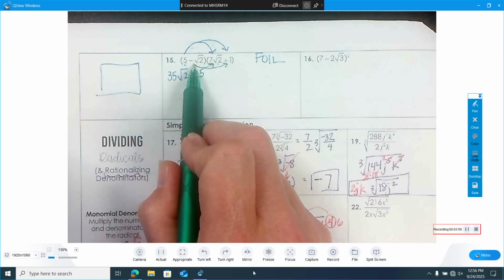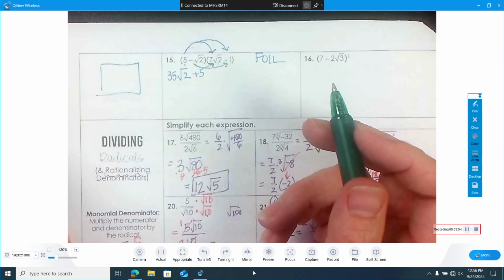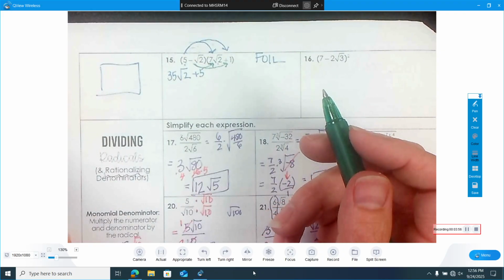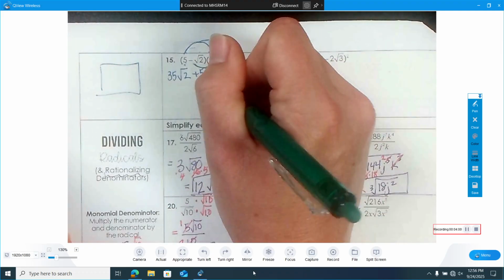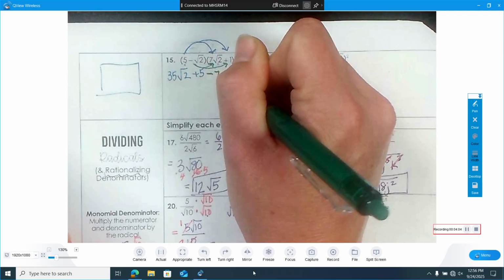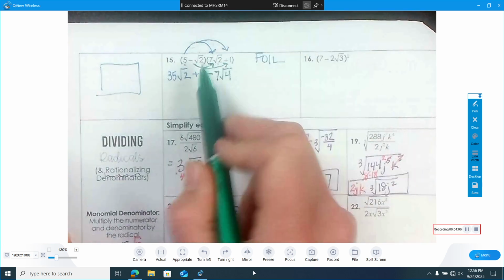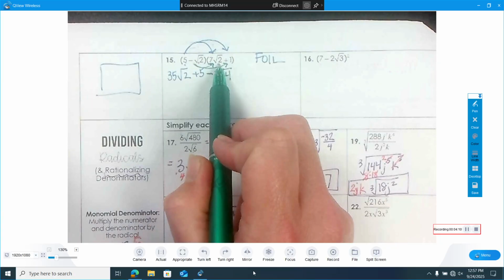So what is negative radical 2 times 7 radical 2? Negative 7 radical 4. So again, a radical number can multiply together with a radical number.